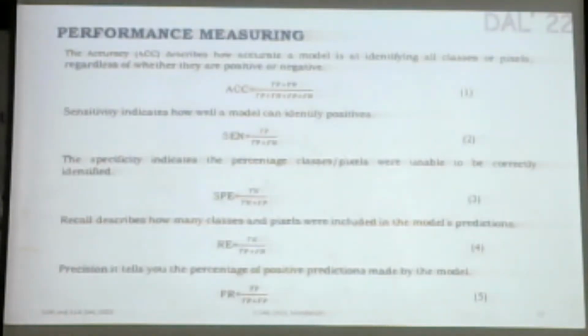Then the classification output is measured based on performance measuring parameters like accuracy, sensitivity, specificity, recall and precision. Accuracy says how accurately the model can classify the data, sensitivity says how correctly the positive data is identified, and specificity says the negatively classified data.